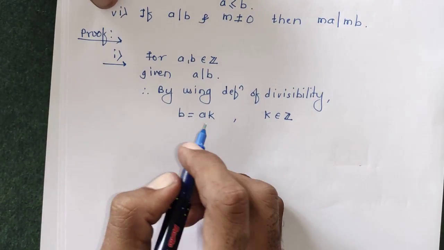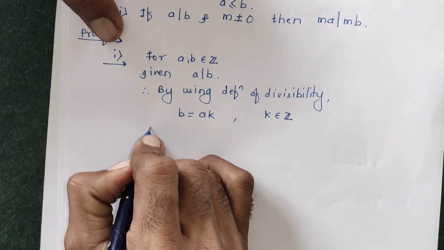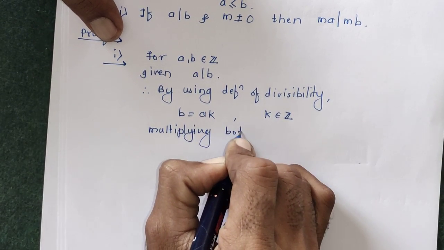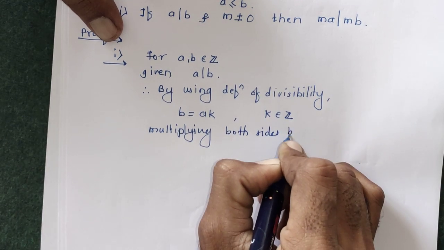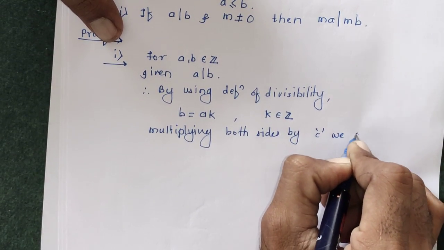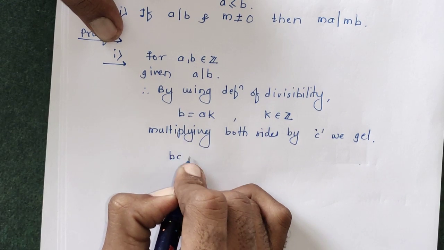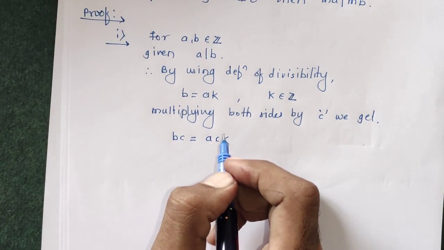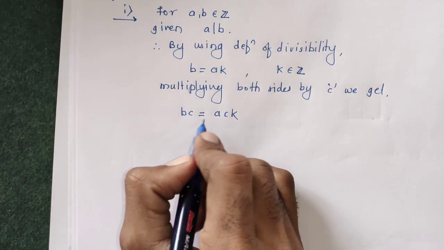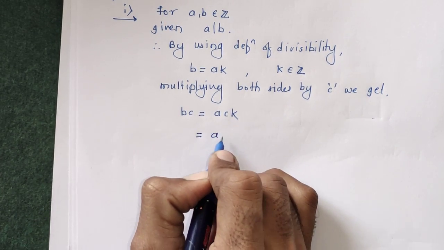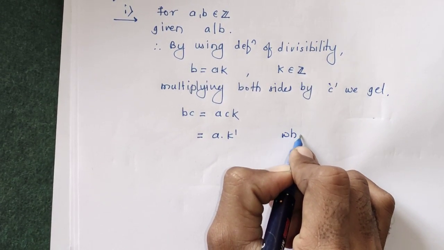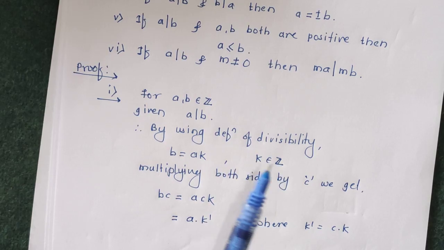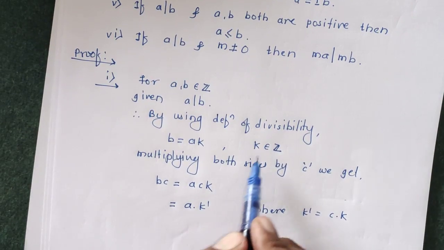So multiplying both sides by C, we get B into C is equal to A into K into C, or A into C into K. So this can be written as A into some K dash, where K dash is equal to C into K. Here C is an integer and K is also an integer.